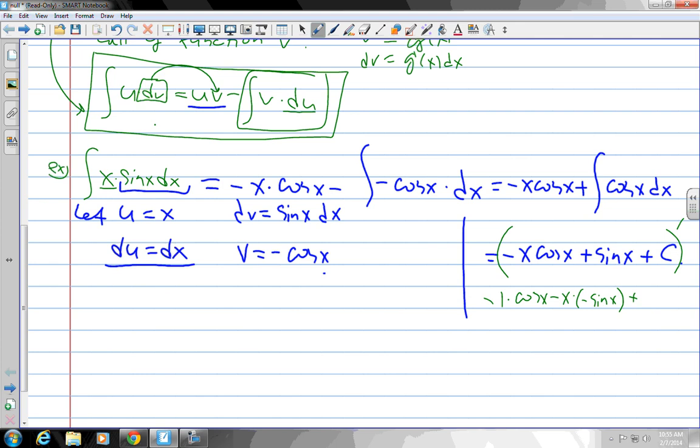And then plus the derivative of sine, which is cosine, right? So cosine x and negative cosine x cancel, minus minus gives you a plus, you get x sine x, as we started. Okay? That's how we work this problem.